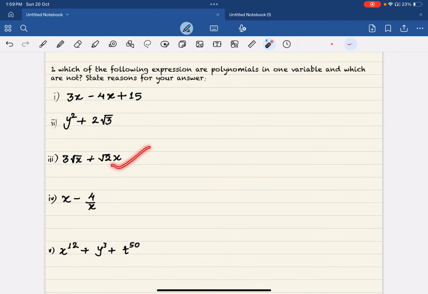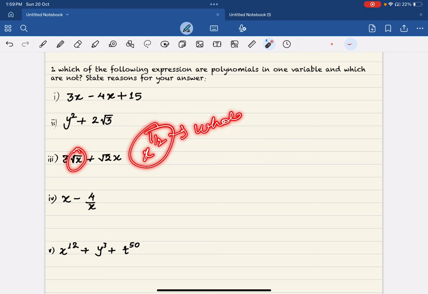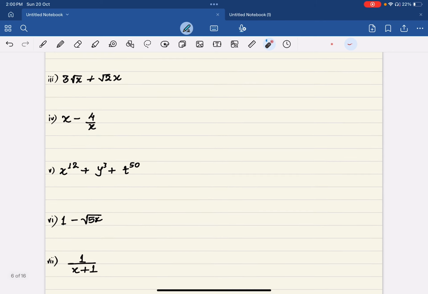But in the third expression, we see that the variable has power as 1 by 2, which is not a whole number. So this is not a polynomial, and the reason is the variable has power as a rational number, or you can say the variable does not have power as a whole number.